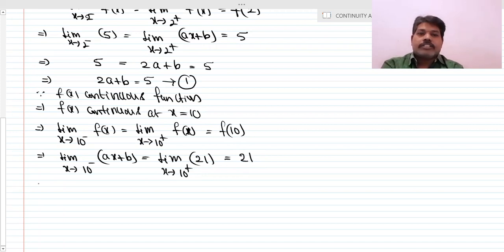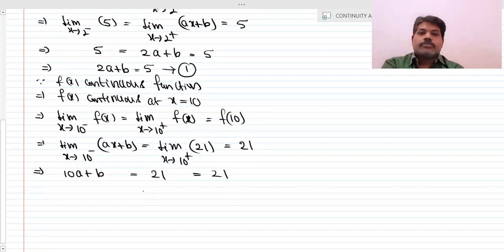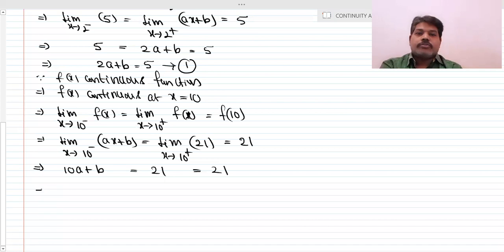So what happens, students? If we apply the limit, that is nothing but 10a plus b, and that is equal to 21. So from these two, you can equate that 10a plus b is equal to 21.